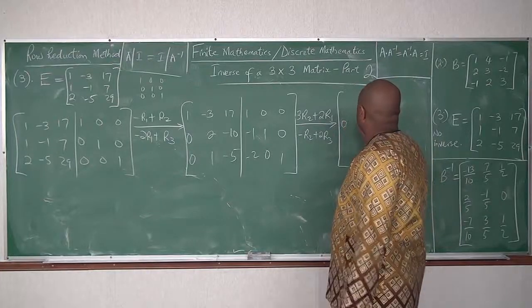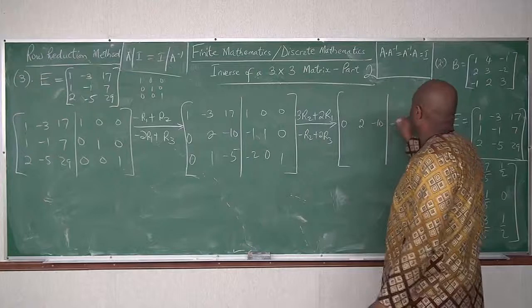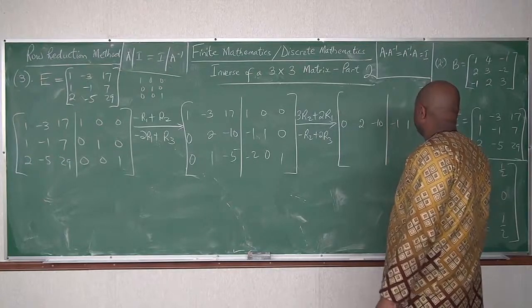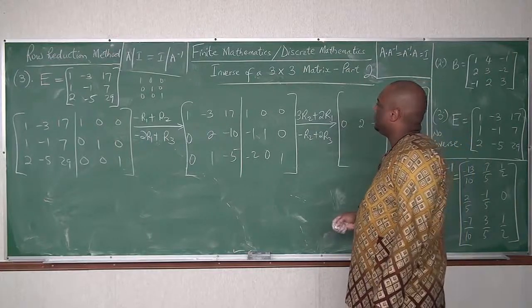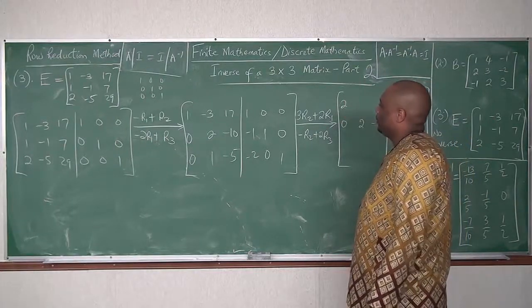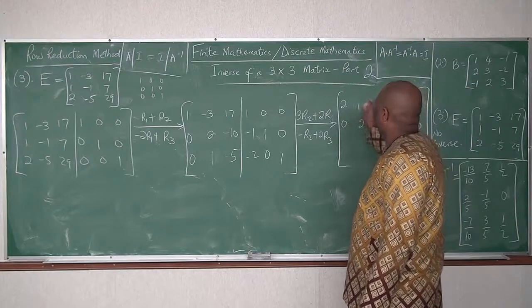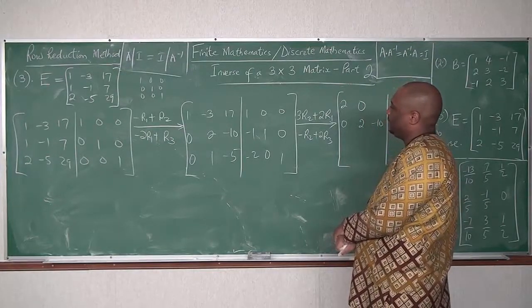We write 0, 2, negative 10. Then negative 1, 1, 0. 3 times 0, 0. 2 times 1 is 2. 3 times 2 is 6. 6 minus 6 is 0. 3 times negative 10 is negative 30.